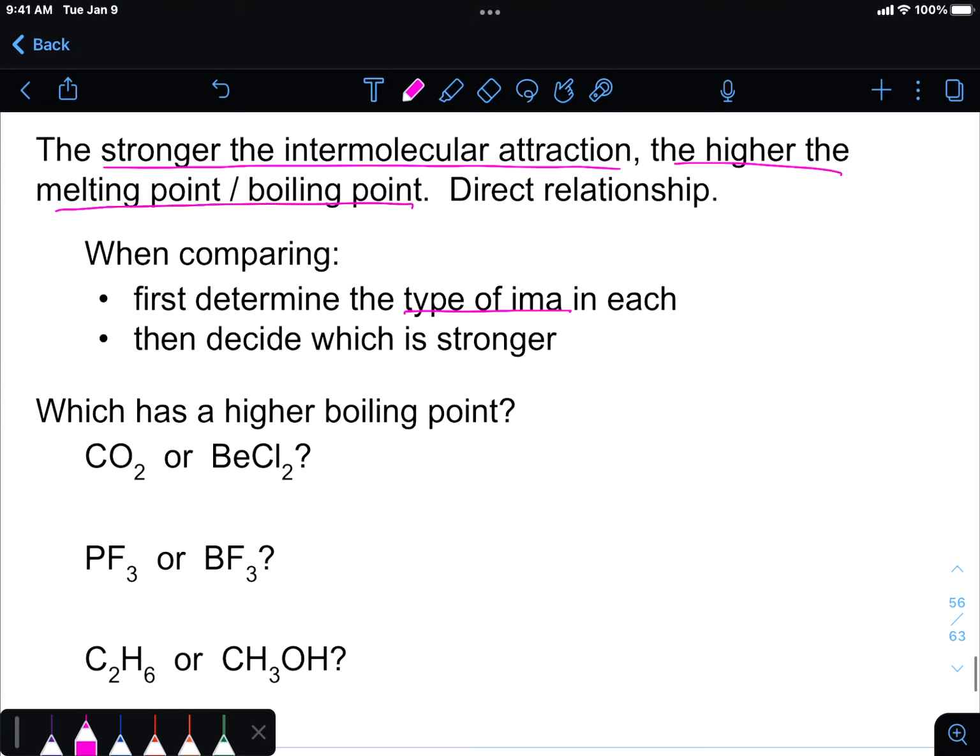So, example. Here we have carbon dioxide, and here we have beryllium dichloride. So, in order to answer which one of these has a higher boiling point, you got to figure out which intermolecular attraction it has, and in order to figure out which intermolecular attraction, you should know something about its geometry and whether it's polar or not.